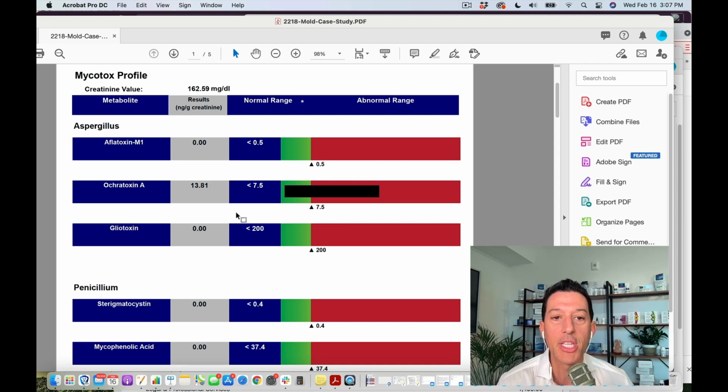This would certainly affect someone with an already weakened immune system, and it would certainly affect someone with already imbalanced gut issues, etc. So it still matters. The main sources of Aspergillus, I know I mentioned peanut butter before, but really the main sources are in the air. So it's airborne. Think of the fall, when the leaves are falling or have fallen to the ground, there's Aspergillus in the air.